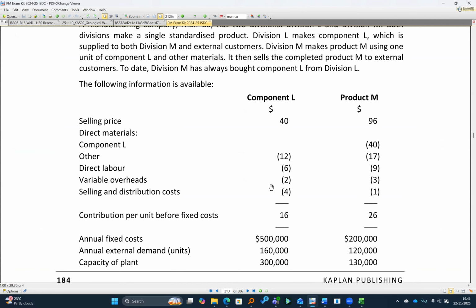Now remember that contribution is 16, but only if you consider also the selling and distribution costs, which means that if you are looking at internal, it is not actually 16. It is 20 because they don't incur this $4.